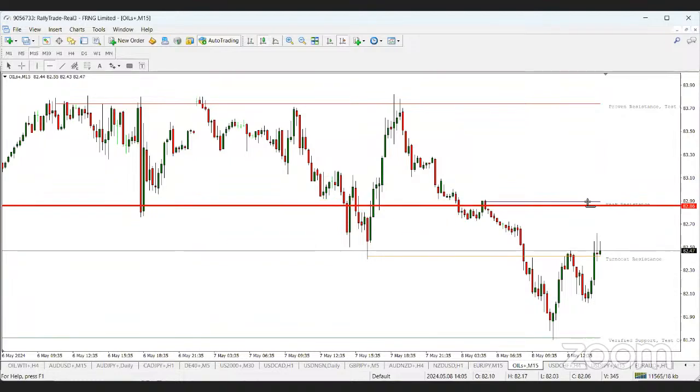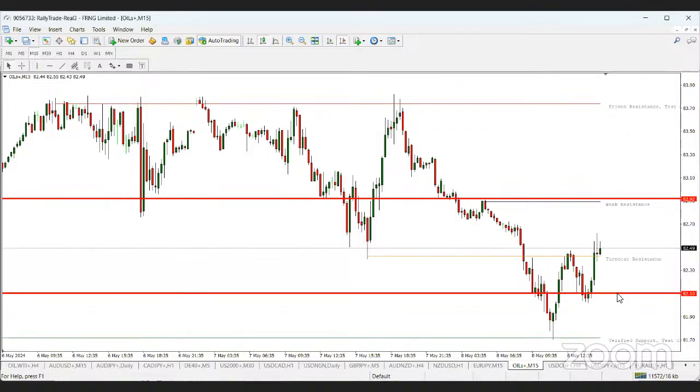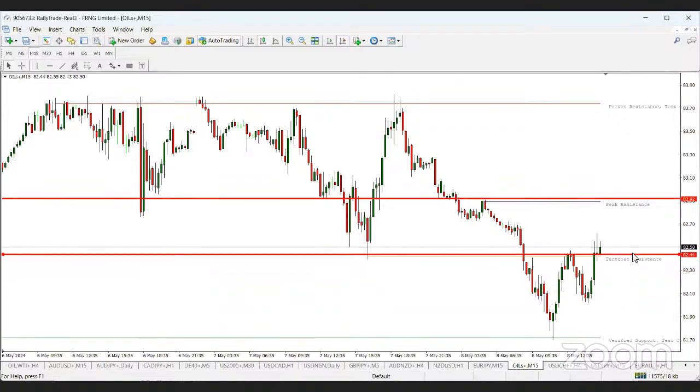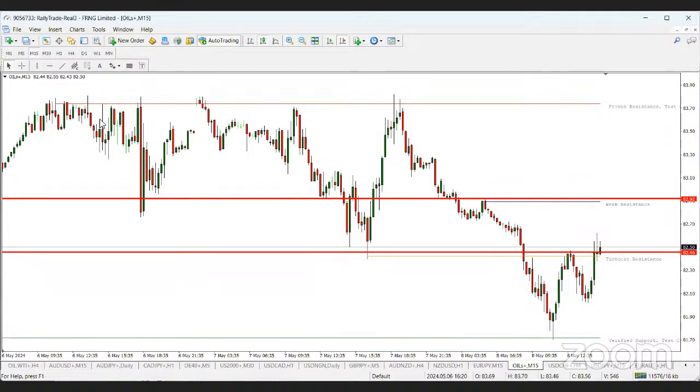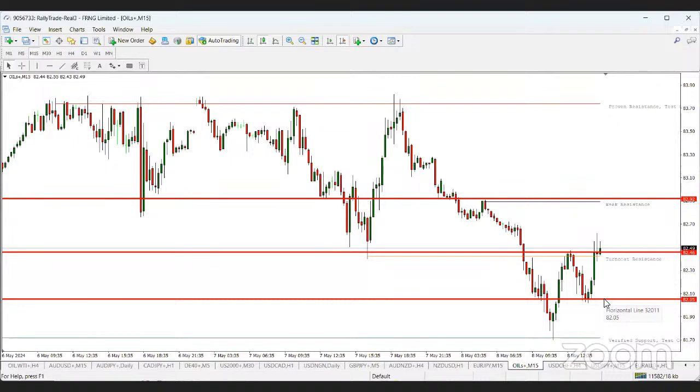I should be looking at selling oil from 82.90, and I will be considering my first place. If I sell oil from 82.90, I should be looking to come out at 82.45.